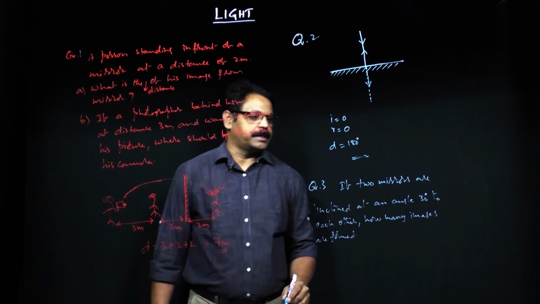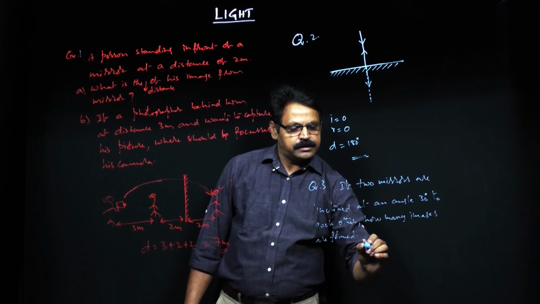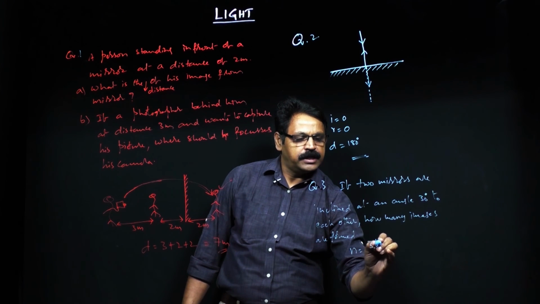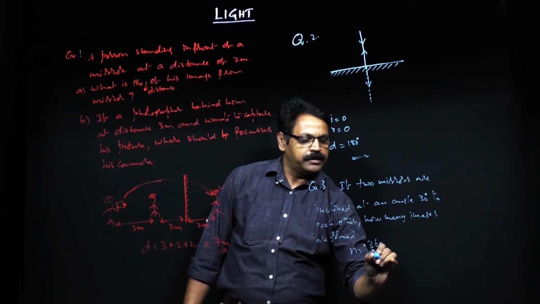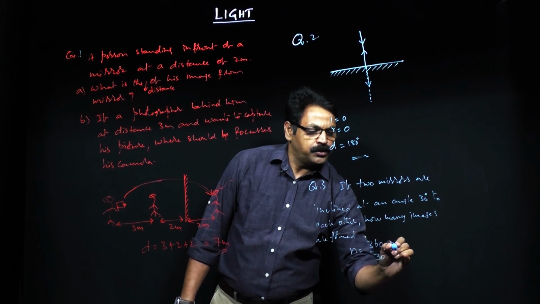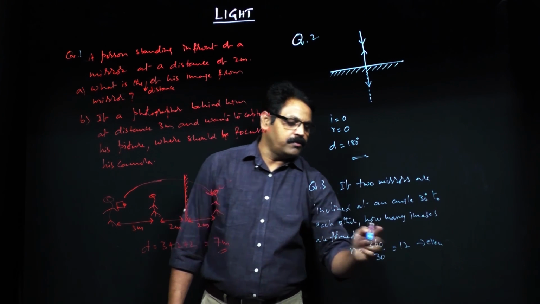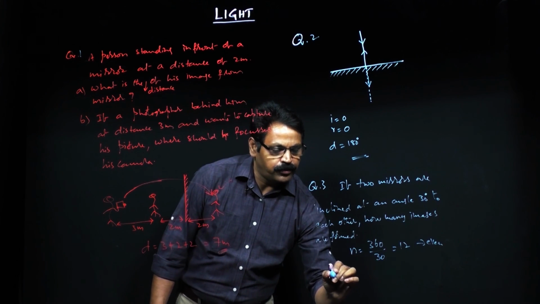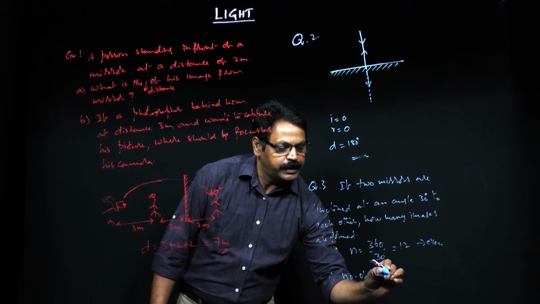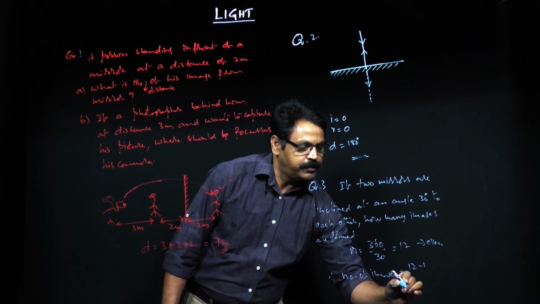It's a simple aspect in fact. Two mirrors are inclined at 30 degrees, in the sense n is equal to 360 divided by 30. That is going to be 12. So this is 12, which is an even number, but always it has to be an odd number. Therefore, number of images can be 12 minus 1, that is equal to 11 images formed.